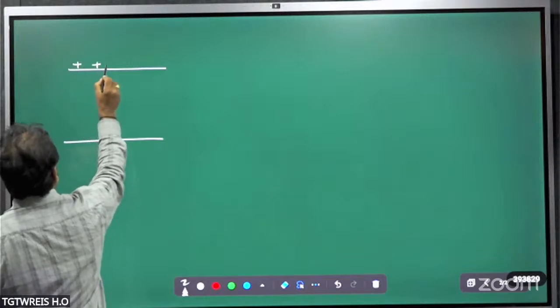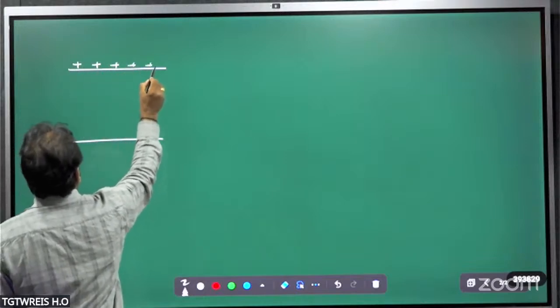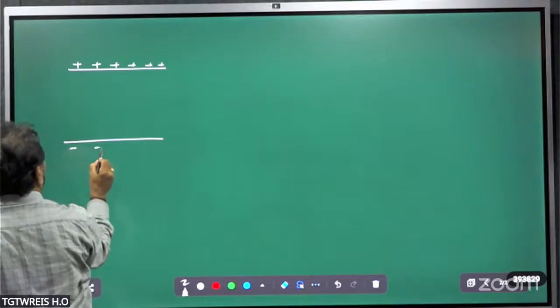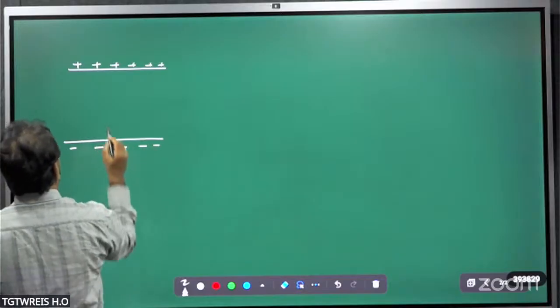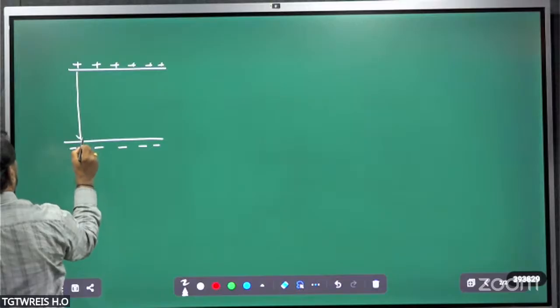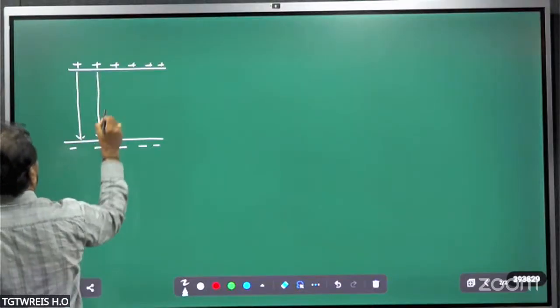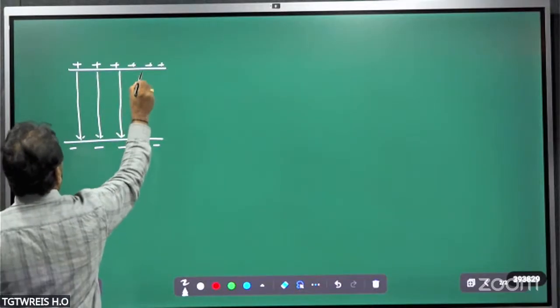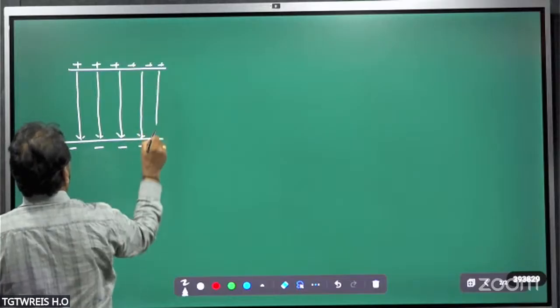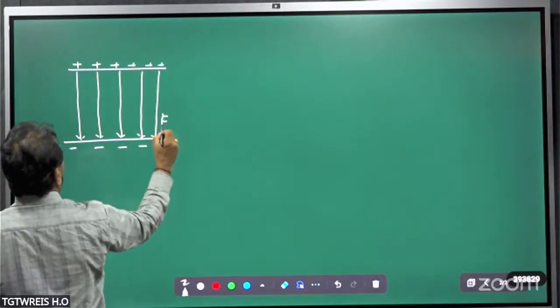This is a positive plate and this is a negative plate. I have created an intensity of electric field between the positive and negative plates, which is acting in the downward direction.